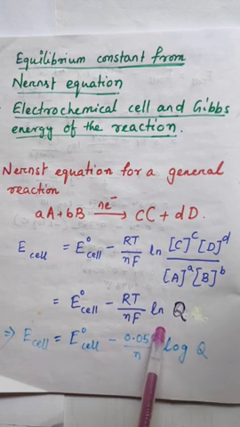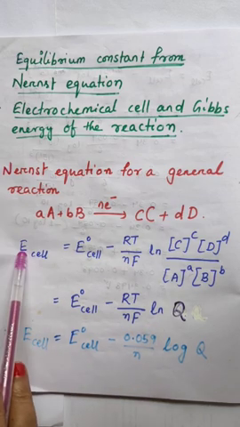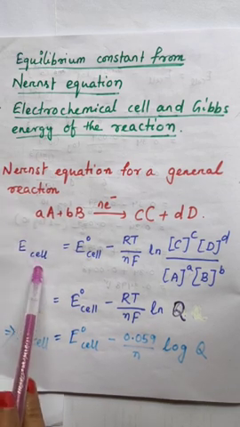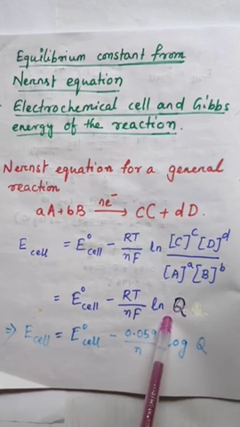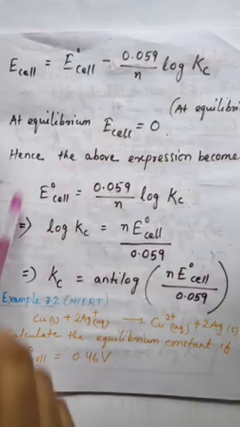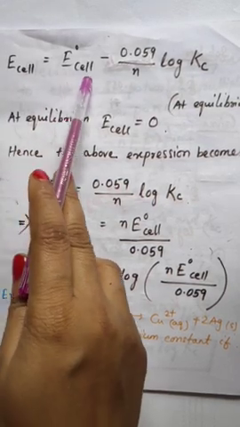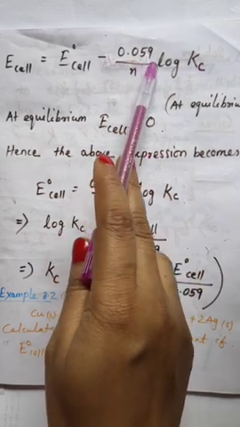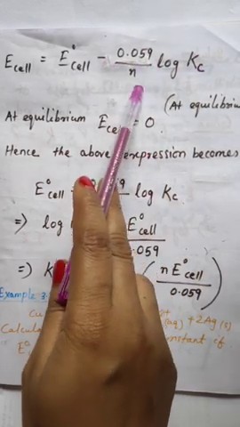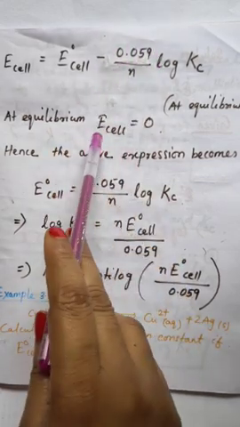But when equilibrium is achieved, the voltage obtained from the cell becomes zero. So E cell becomes zero when Q becomes Kc, the equilibrium constant. So the expression is E cell is equal to E naught cell minus 0.059 by N log Kc. Instead of writing RT by NF, we have put in the values with temperature as 298 Kelvin and got this value of 0.059.